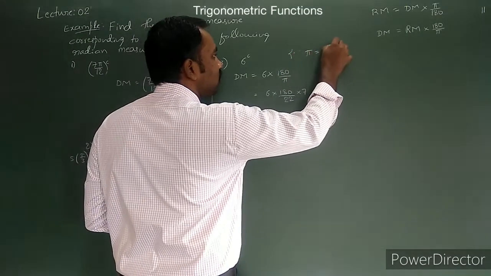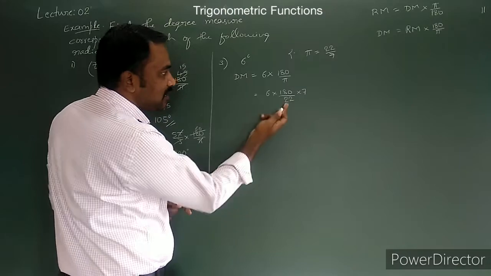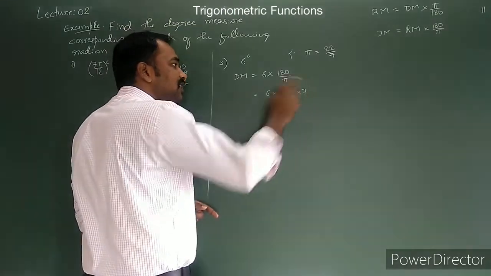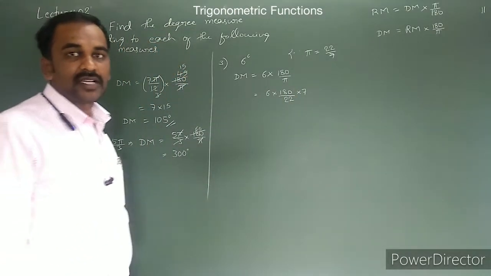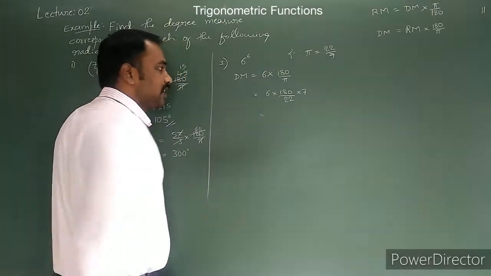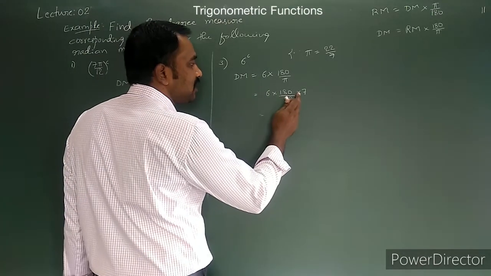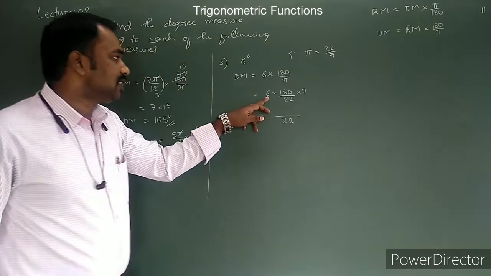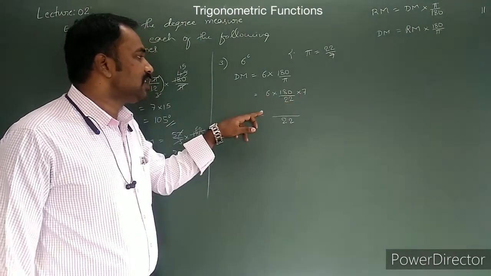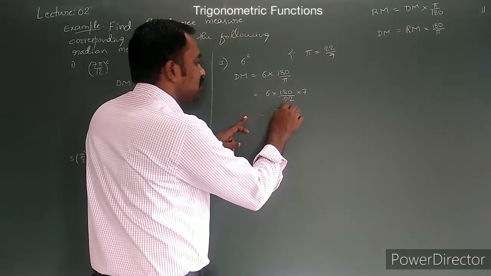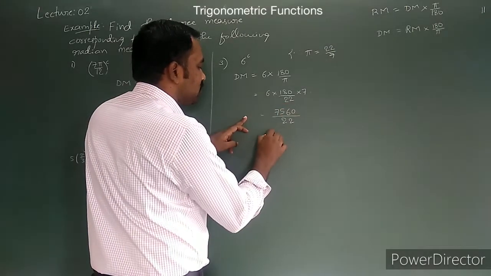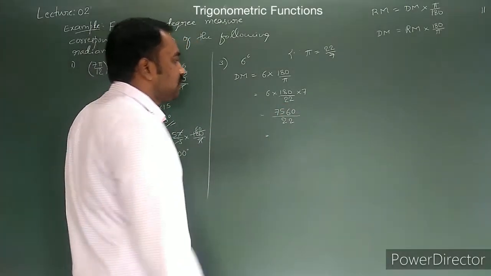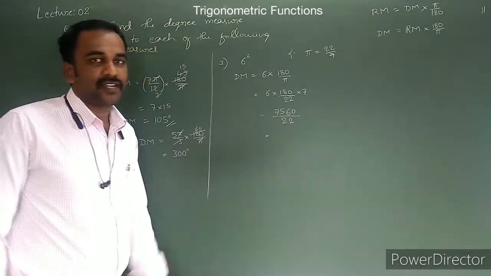So 22 divided by 7 taken to the numerator gives, by laws of indices, 6 into 180 into 7 divided by 22. 6 into 180 into 7 is 7560. Now, 7560 divided by 22.